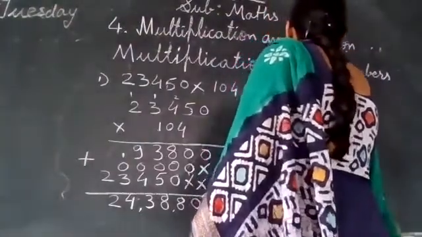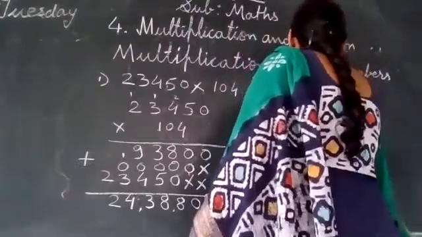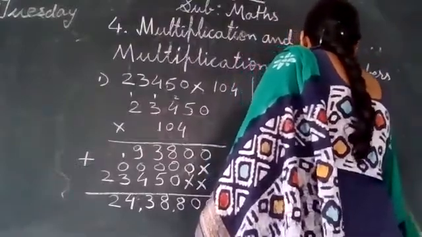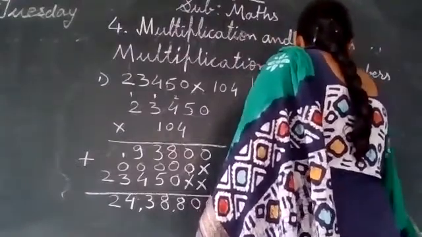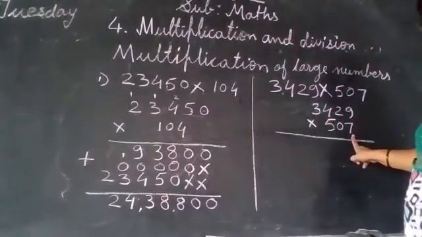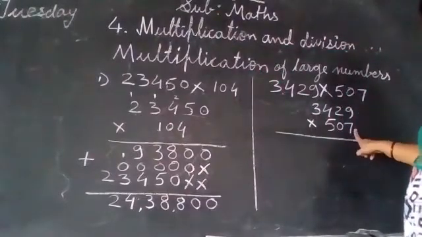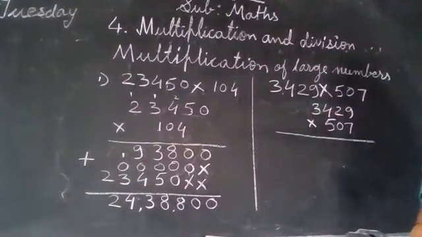So 3, 4, 2, 9 multiplied by 507. So what to do, beta? First, we will start with this 7, ones place. So we will multiply all these digits by 7.